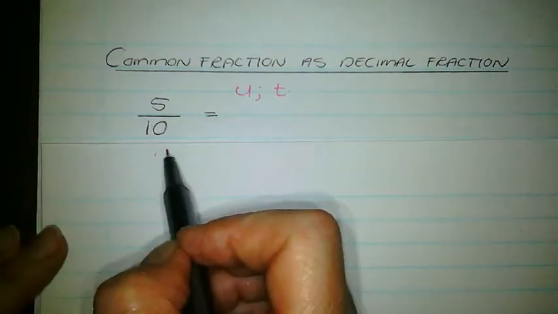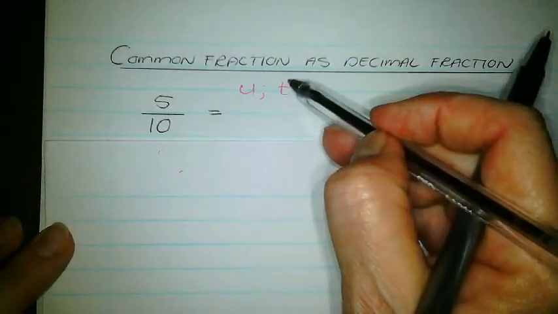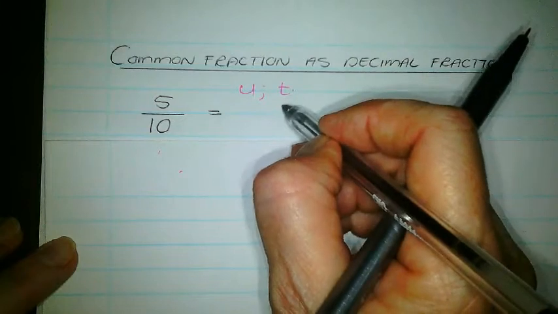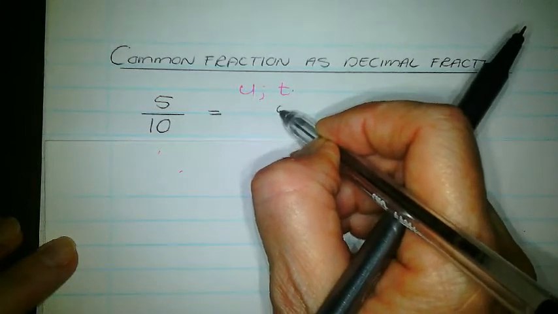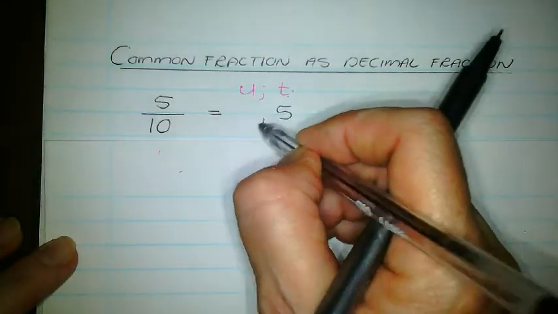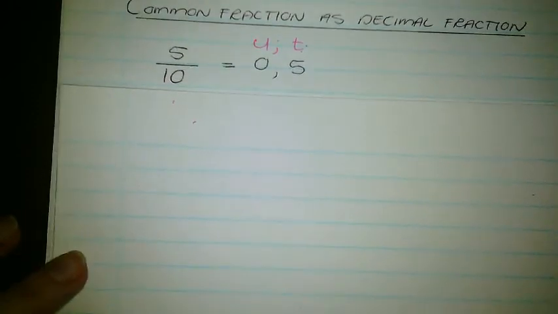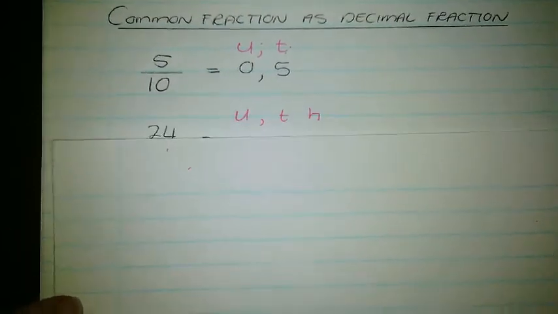In this case it's going to be a tenth, and then you go to the place value, the tenth, and you're going to write the numerator under the place value with T, and then you're going to fill up with a 0.